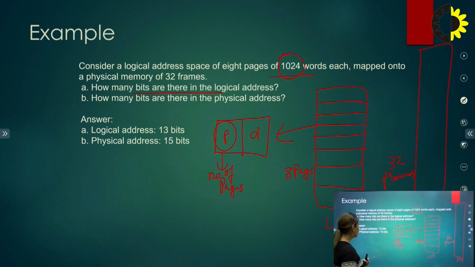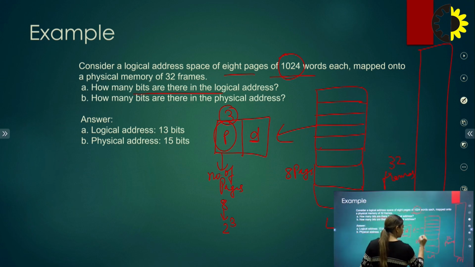The number of pages is 8. So this can be written as 2 raised to power 3. Right? So 3 bits we will require for the page number. Right? And now comes the offset. Offset means the position in that particular page. Right? And that will come from the page size.